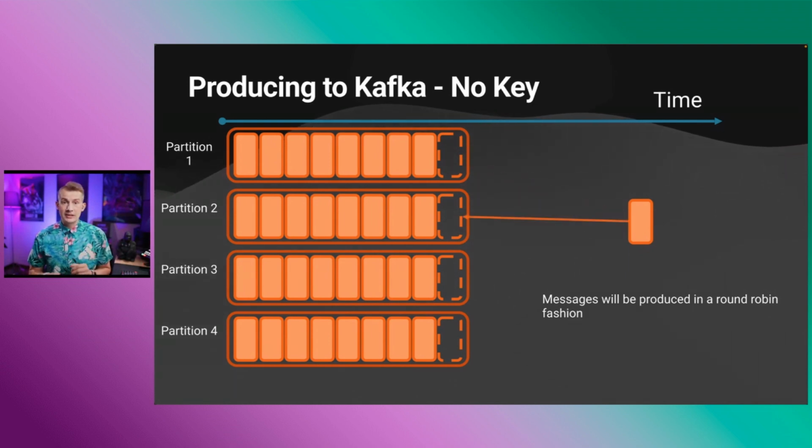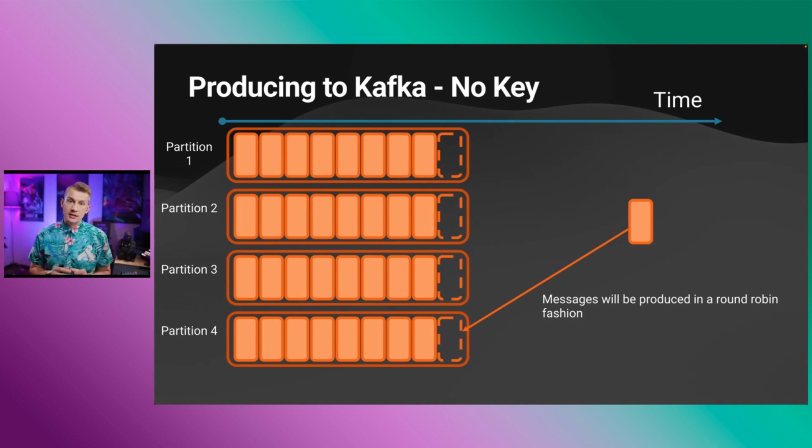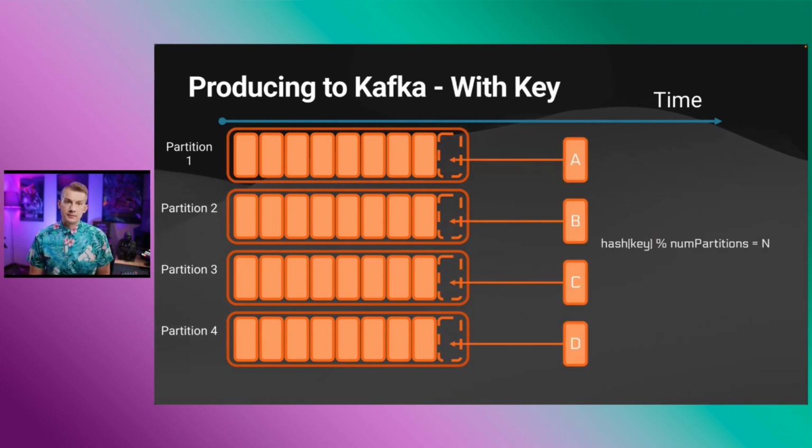Based on the absence of the key, the partition where this data will be stored inside the Kafka topic will be chosen automatically in a round-robin fashion. There are some other policies available. I'm not going to go deeper into those, but if you're not providing a key, the producer will take care of placing this in the right place.